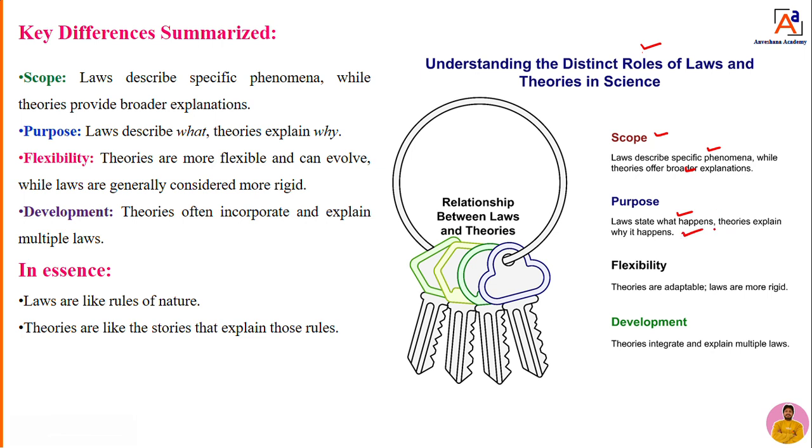Theory gives the reason for the things happening in nature with a detailed explanation. Then flexibility: theories are adaptable and can be modified. But laws cannot be modified because they are more rigid and universally valid.